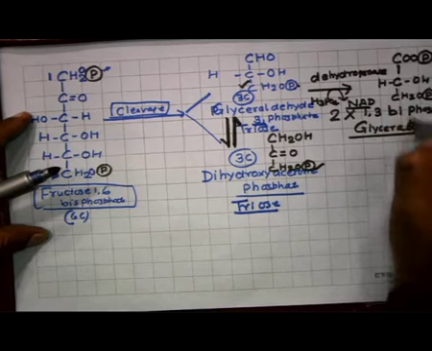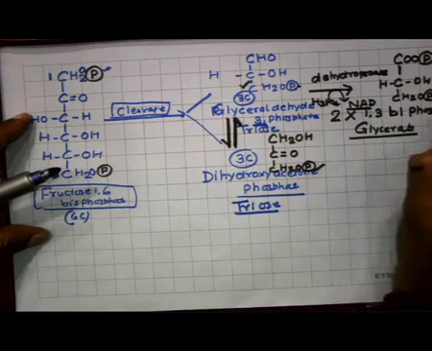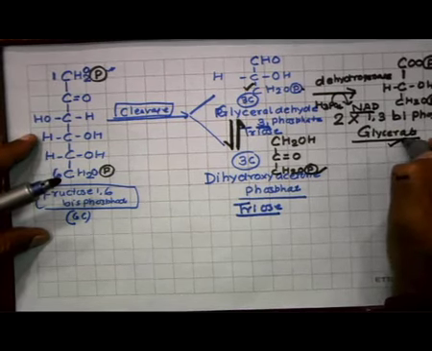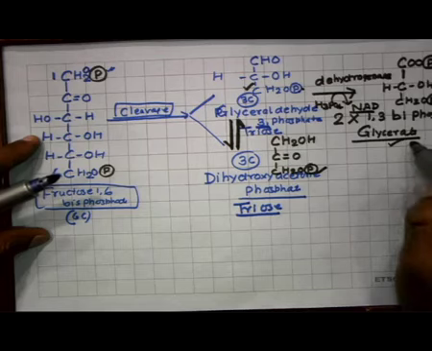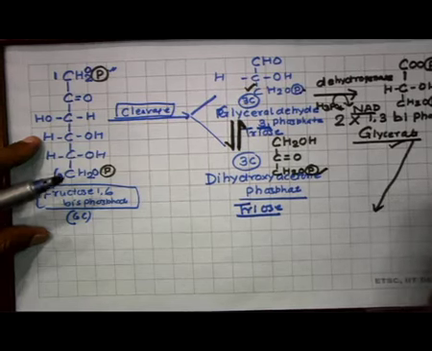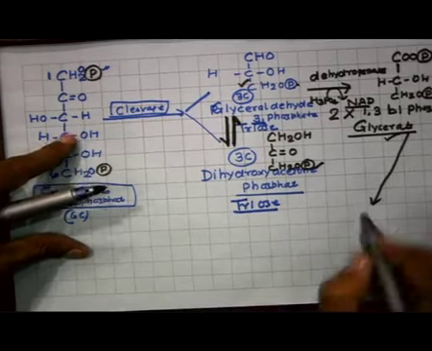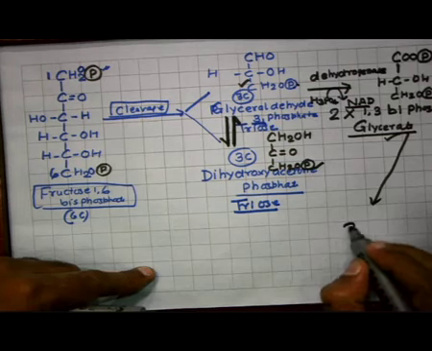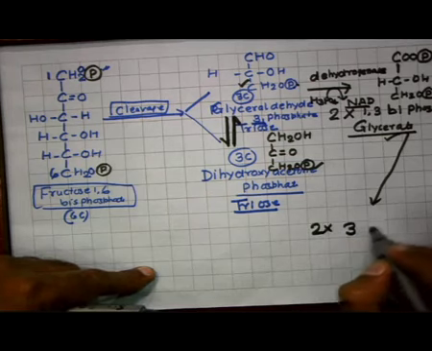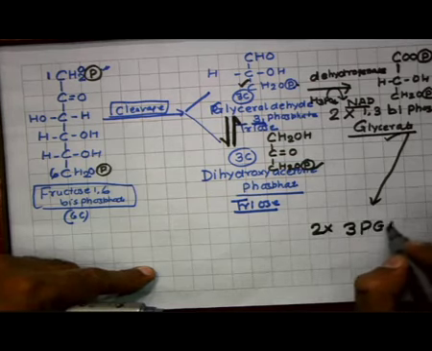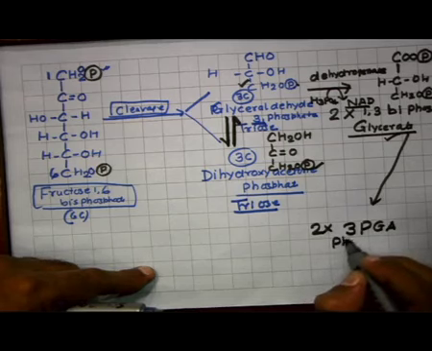So, this is the structure of 1,3 biphosphate glycerate. This 1,3 biphosphate glycerate gives two molecules of 3 PGA, that is phosphoglyceric acid.